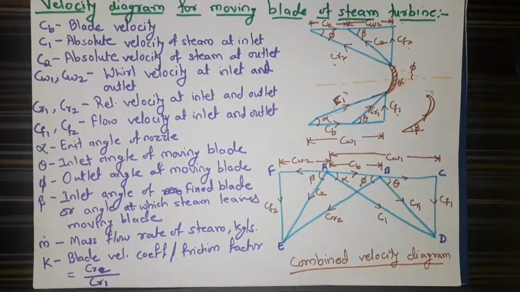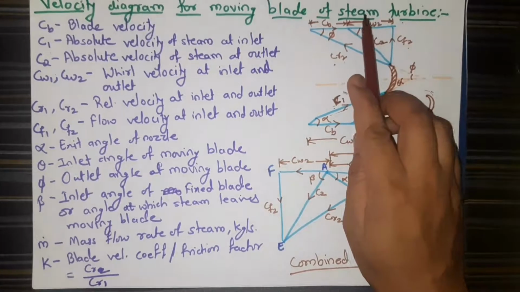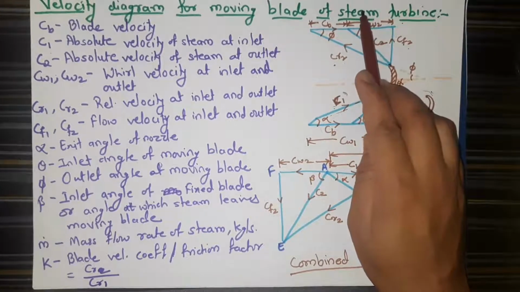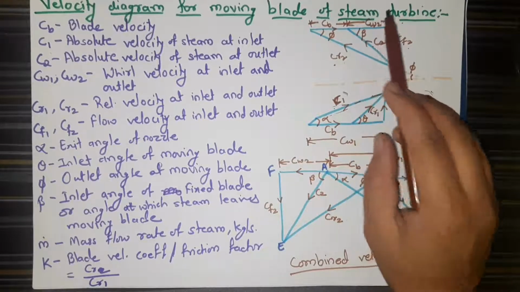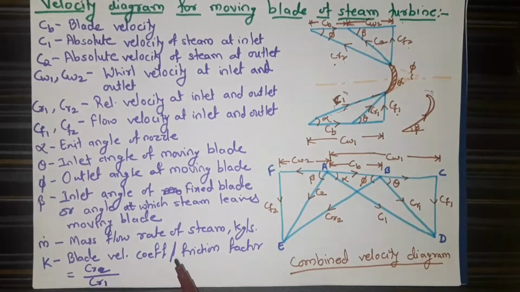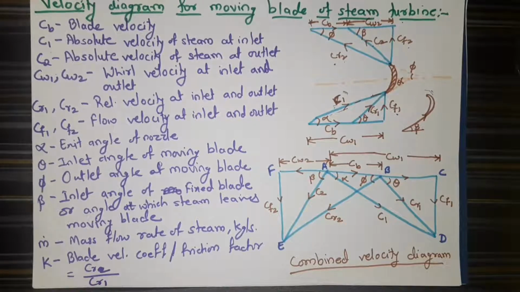Once again, here instead of V, we are using C, as steam is a gaseous form of the fluid, and velocity and volume both take parts in a calculation. So to avoid the confusion, volume is denoted by V and velocity is denoted by C.